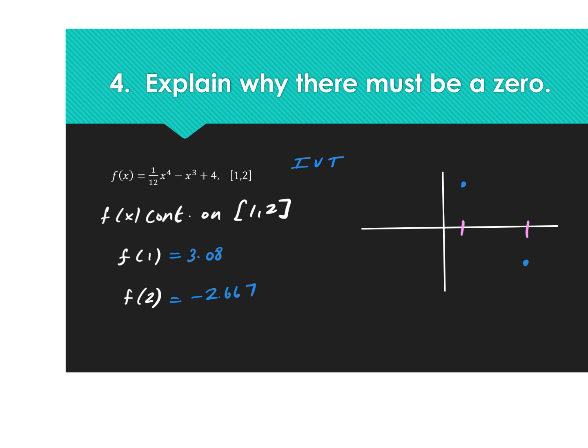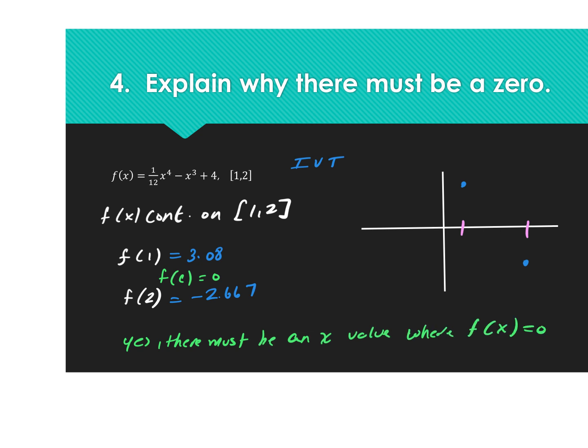So if f of 1 is up here and f of 2 is down here, by IVT, it has to cross. Because what I'm asking you for is, is there a point at which f of x equals 0? So f of c equals 0. Well, yeah, of course there is. So I could say, yes, there must be an x value where f of x equals 0.